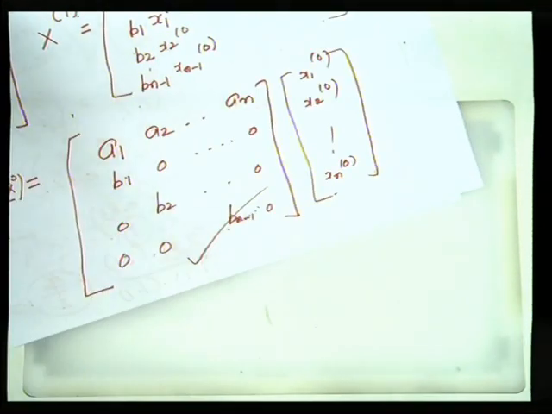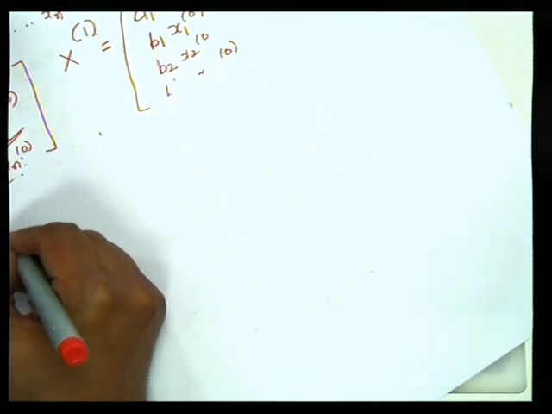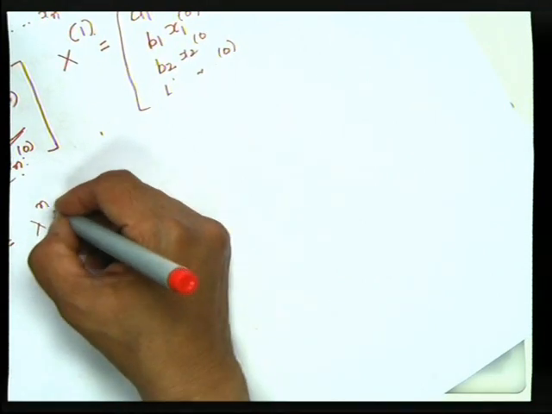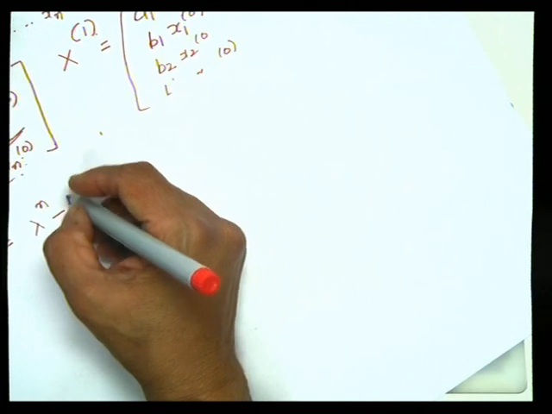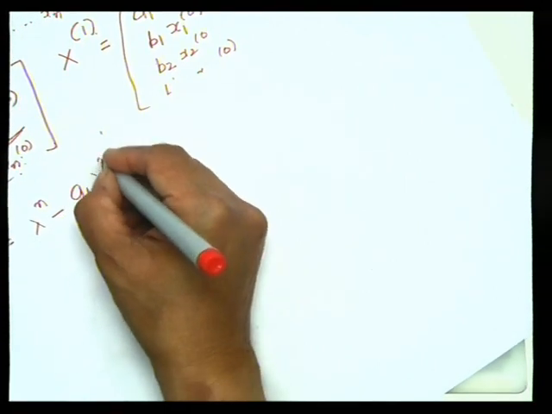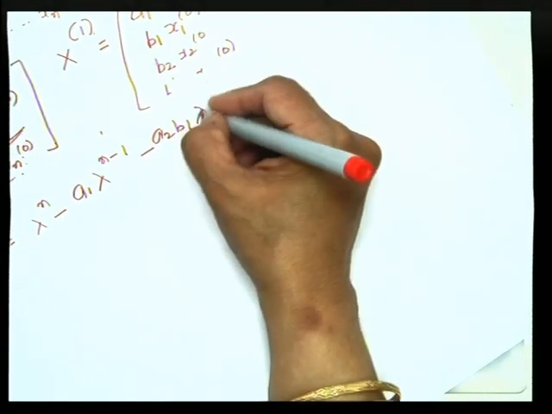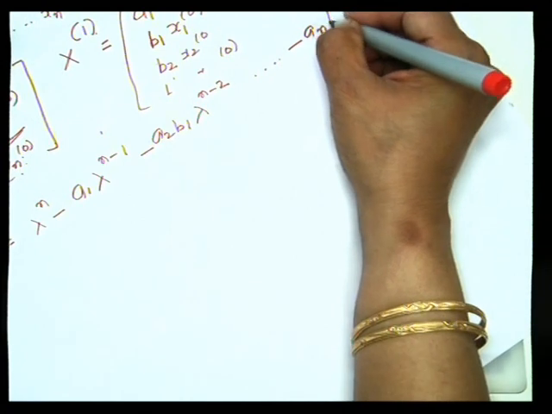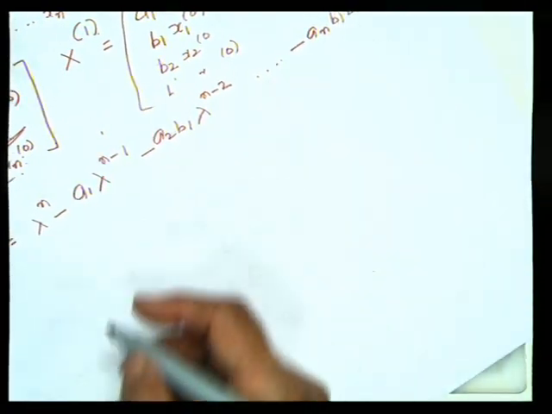Generalizing from this, let me write the nth order characteristic polynomial. It looks like p of lambda equal to, I have removed the minus sign because we are going to solve this anyway and find its root. It is going to be lambda raised to n, minus a1 lambda raised to n minus 1, minus a2 b1 lambda raised to n minus 2, etc. Lastly, minus an b1 b2 etc. bn minus 1.